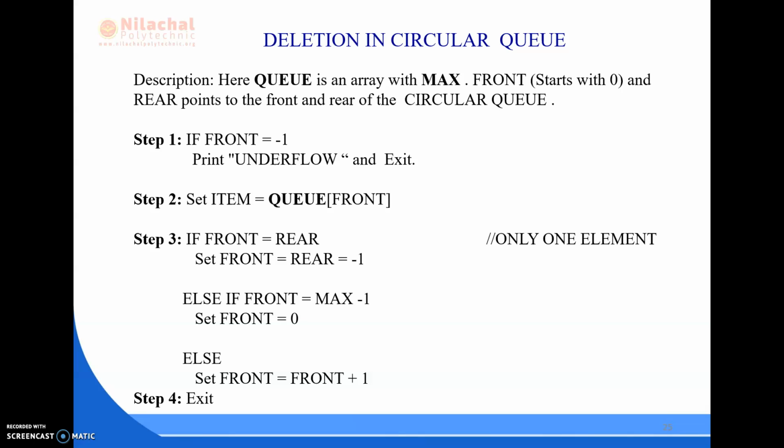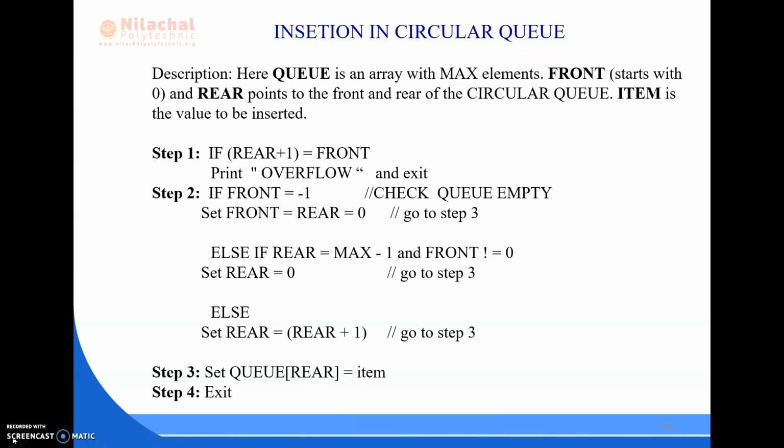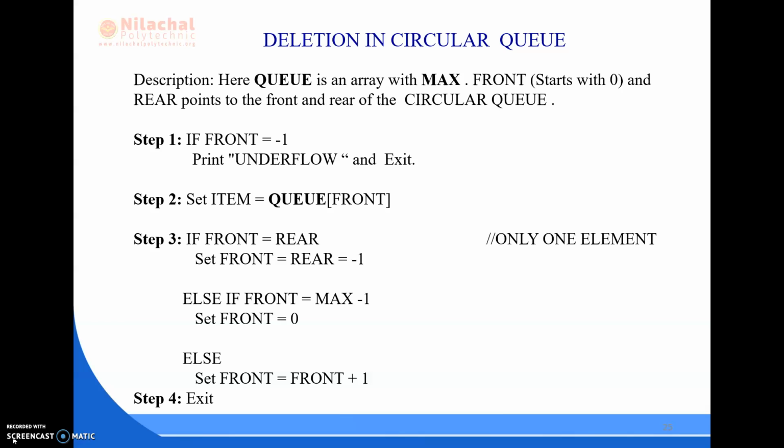The next condition says front is equal to max minus 1. When front is equal to max minus 1, that means it is at the last position. At that point we need to set front equal to 0.